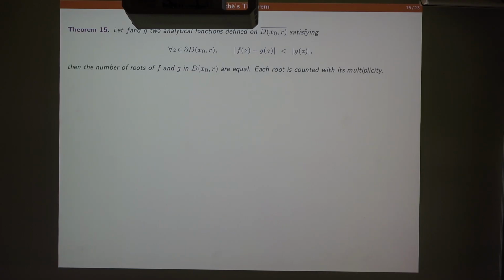Now I speak about Rouché's theorem, because Rouché's theorem says how many roots of a polynomial are in a certain disk. Rouché's theorem is very general.